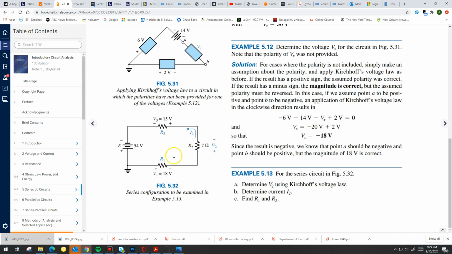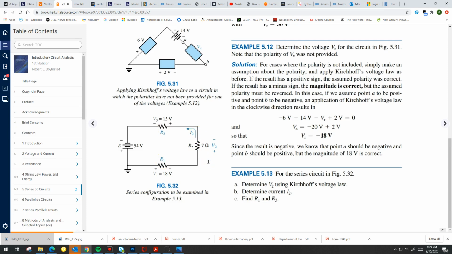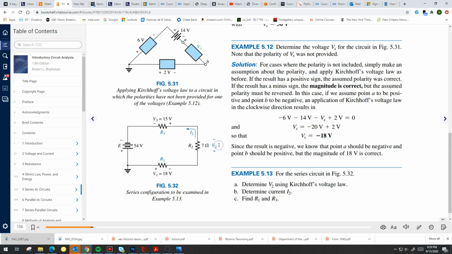So again, let me tell you what I did. I have these unknowns: V2 is an unknown, R3 is an unknown, R1 is an unknown, and I2 is also an unknown. But if I use KVL, I can immediately solve for V2, because I add all the voltages and the only unknown will be V2.